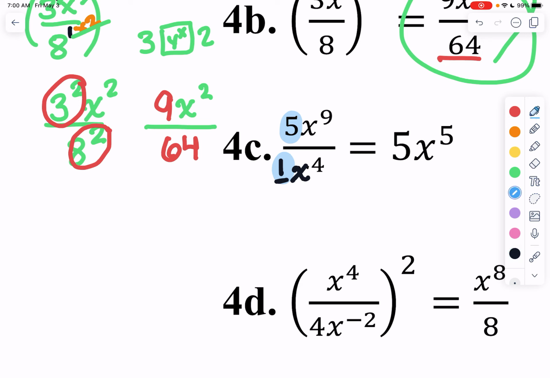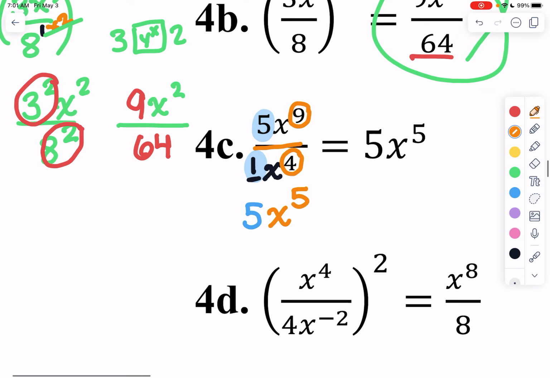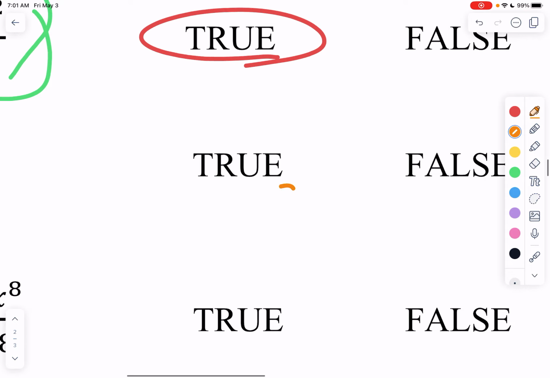So let's divide our coefficients first. 5 divided by 1 is 5. And now we will divide our x's by looking at their exponents, okay, 9 and 4. Back it up, I will drop my base, which is x, and then subtract 9 minus 4 is 5. So 4C, true again.